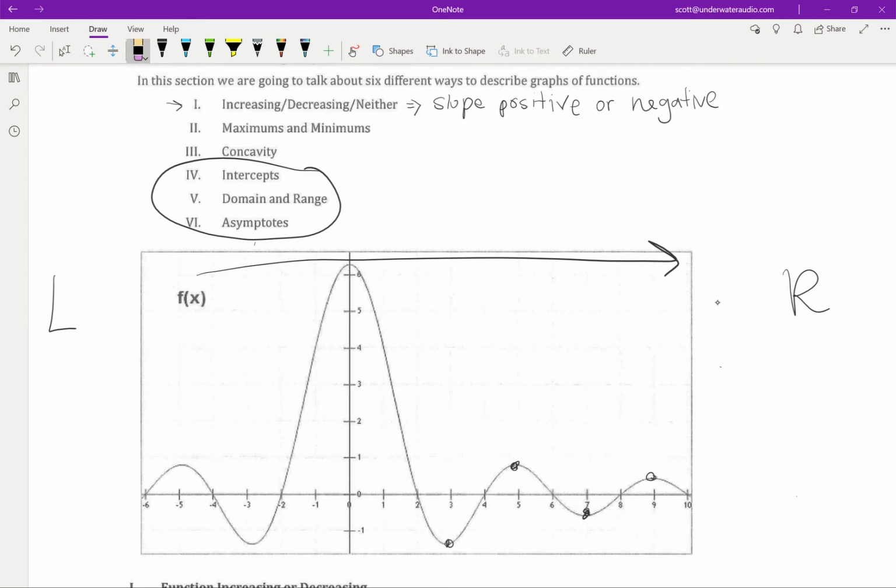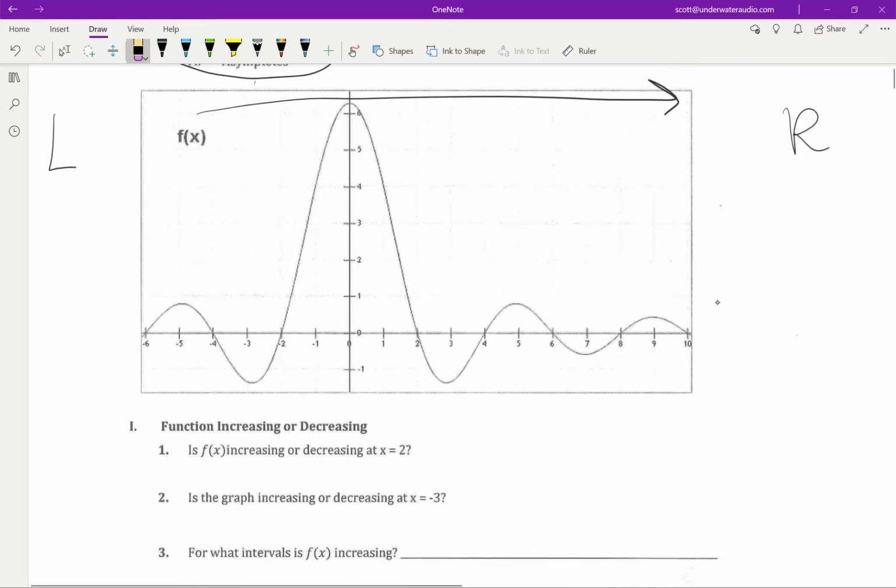For example, right here, that looks like a cup that's facing down, so that would be concave down. And then in here, it looks like a cup that's facing up, so that would be concave up. And again, we'll talk more about that in a minute.